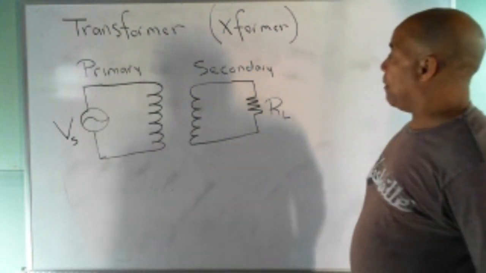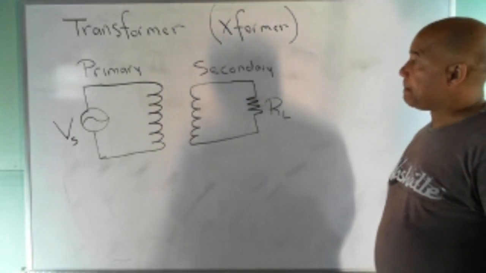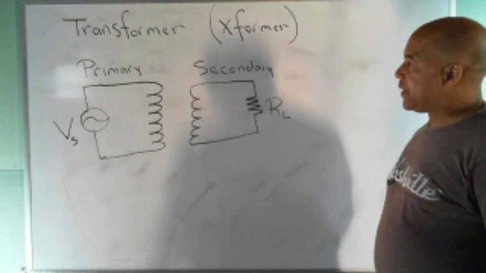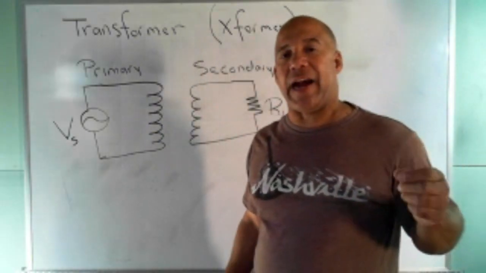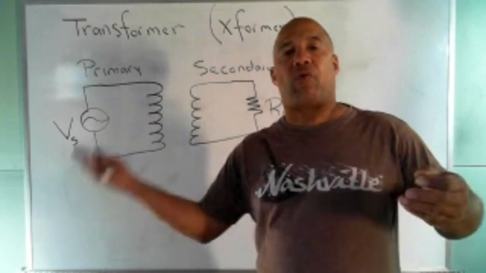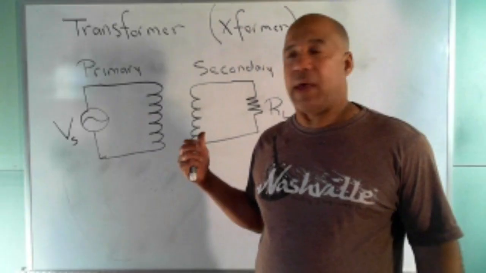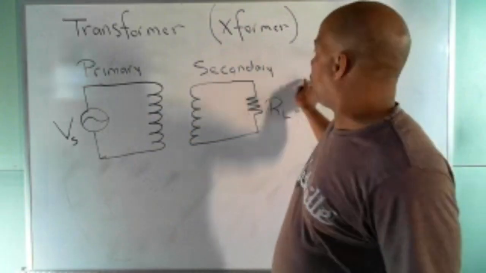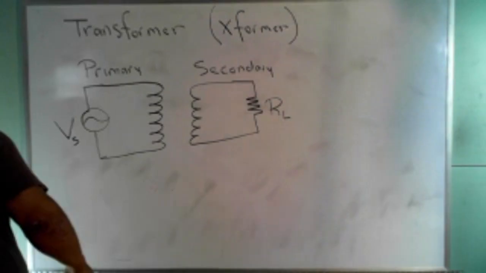So now, we do have a problem though. The problem is that in order to use this, since the energy is actually carried by the flux that cuts across the coil, you see the problem I'm having here? I'm drawing something that's three-dimensional on the two-dimensional surface, so you keep that in mind. But let me draw the flux, what's happening here.